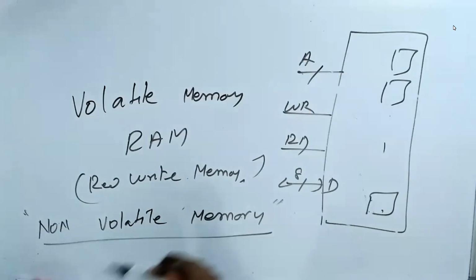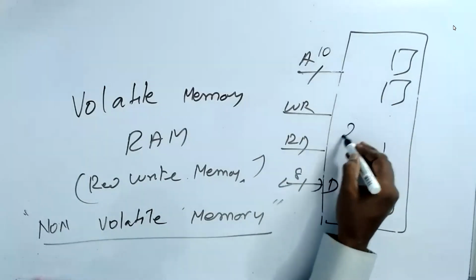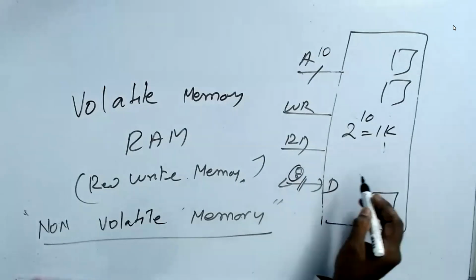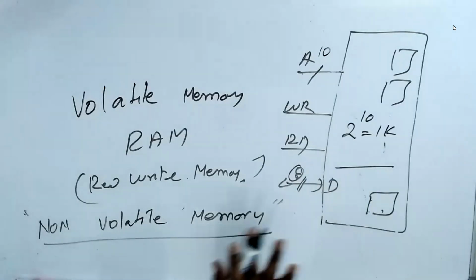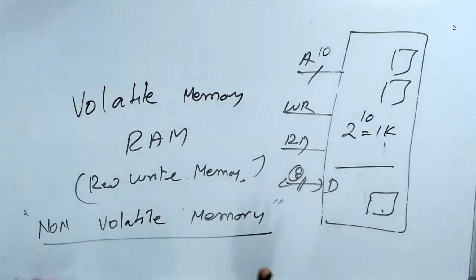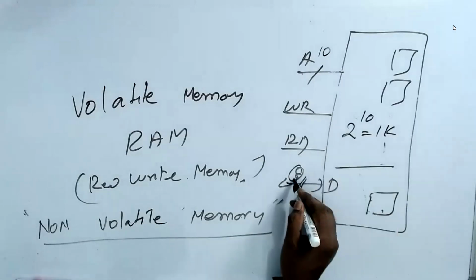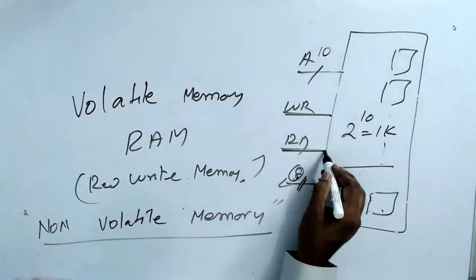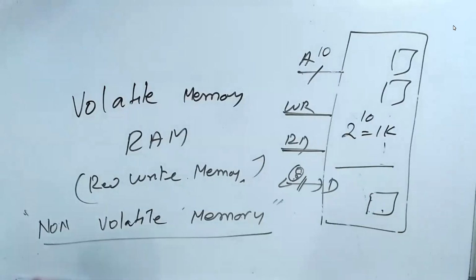If the address is 10, the size is 2 power 10 bytes, 1K. This 8 represents the size of a line. Right now we are discussing 1 byte. Everything is 8-bit. There are also 16-bit or 32-bit memories available. But right now this is only 8-bit. Till you understand everything, let us discuss only 8-bit. Once you understand, we can move to 16 or 32.